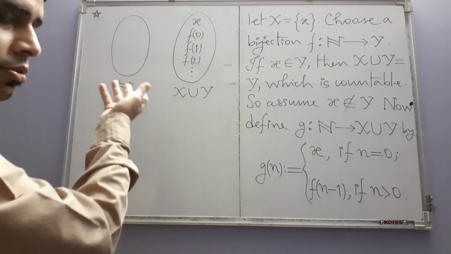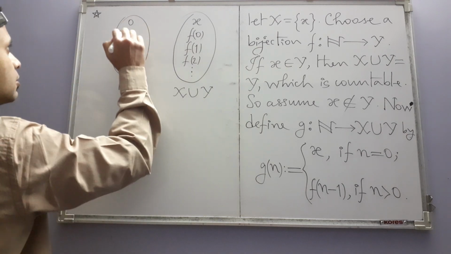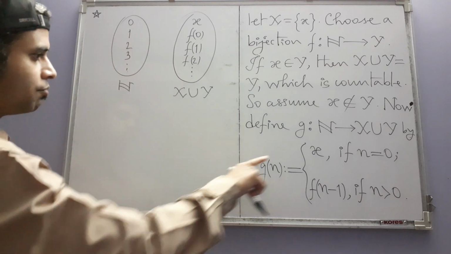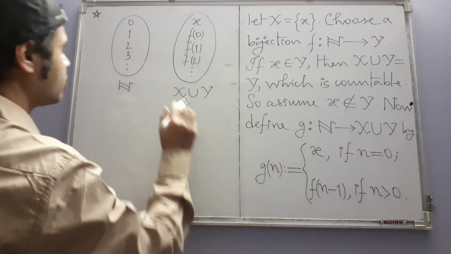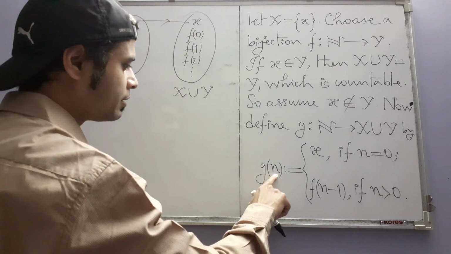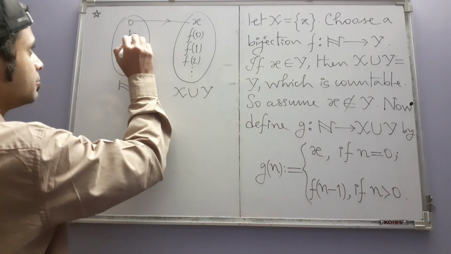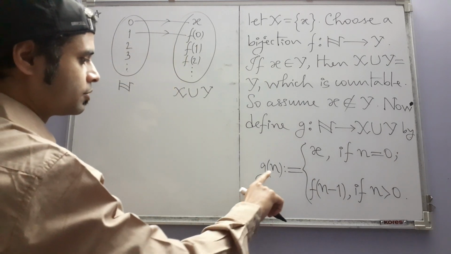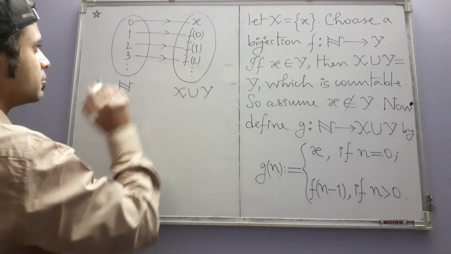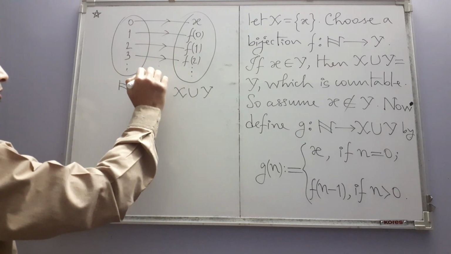And we of course also have the natural numbers 0, 1, 2, 3 and so on. So we have mapped 0 onto x, then 1 onto f of 0, 2 onto f of 1 and so on, and it goes like this.